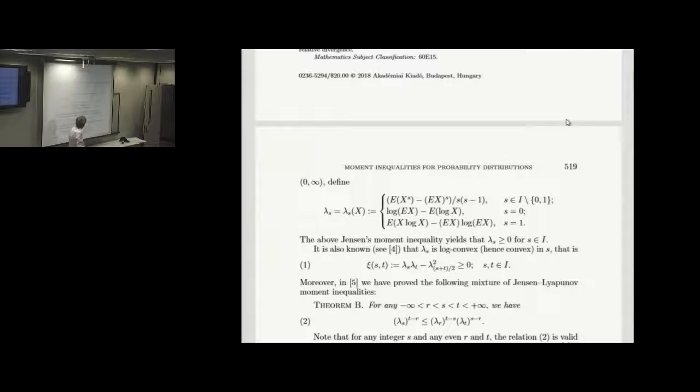We denote it like C of S, T, on some interval where those moments exist. Exist in the sense that they are finite.